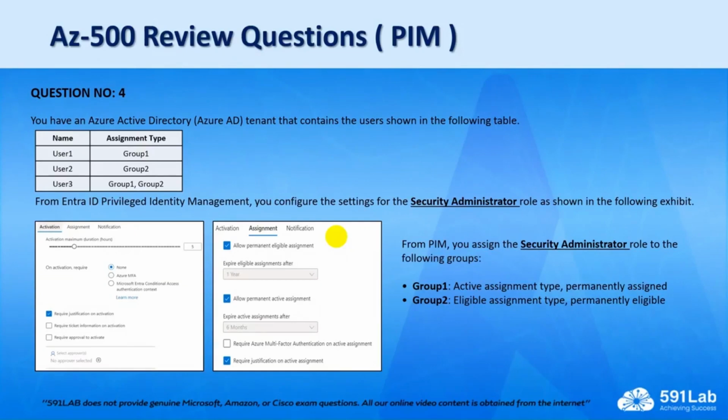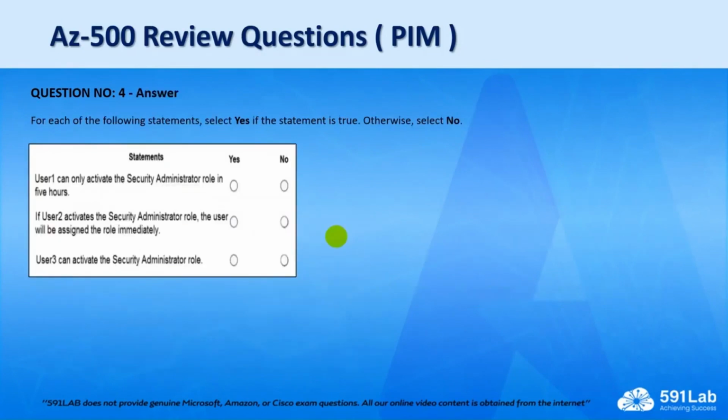You do not get the option to activate. So here, group 1 is going to enforce the permanent assignment of that role on user 3. So user 3 is not going to get the option to activate the role. So the answer should be no.